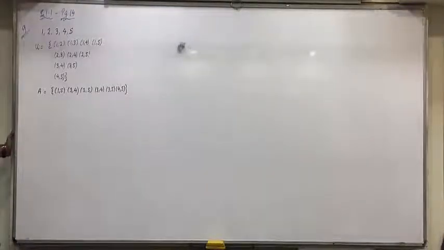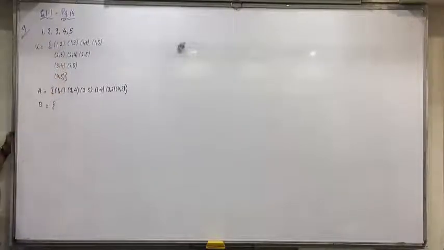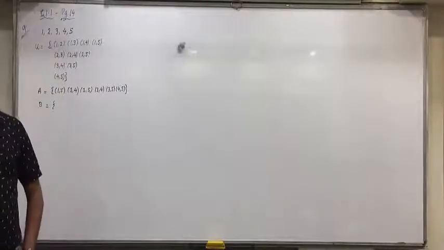Now further read it. The sum of 2 selected numbers is even, denoted by event B. 1 plus 2 is odd.